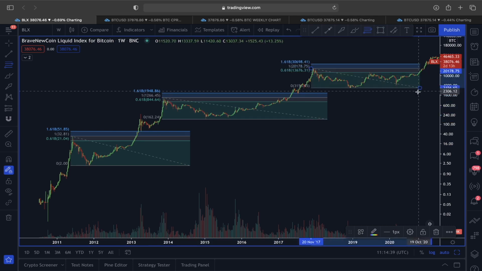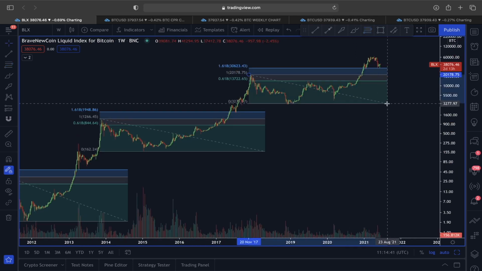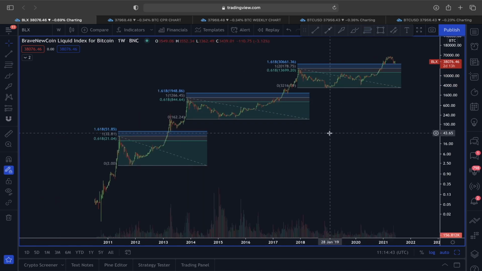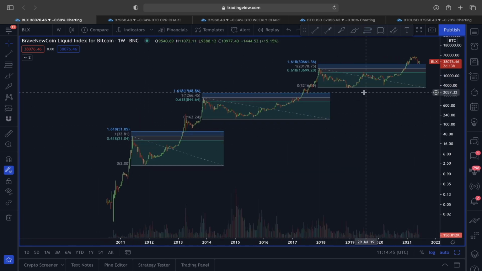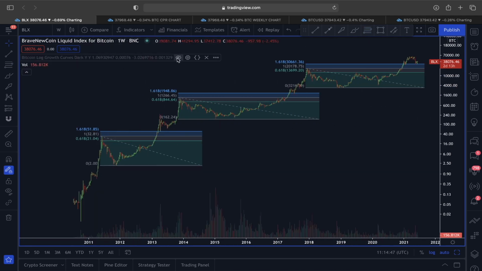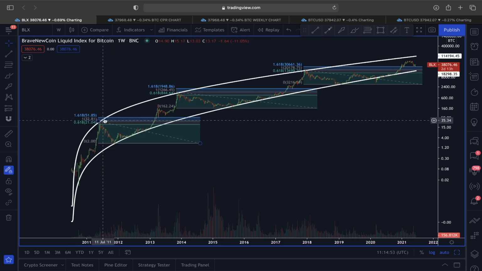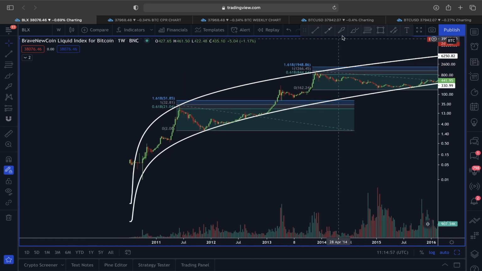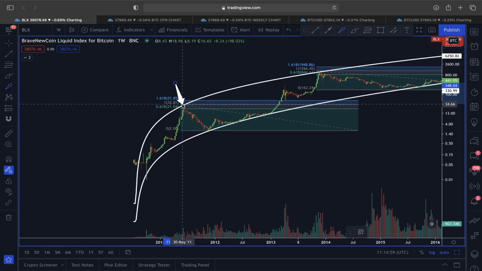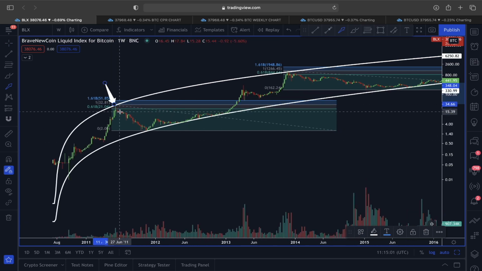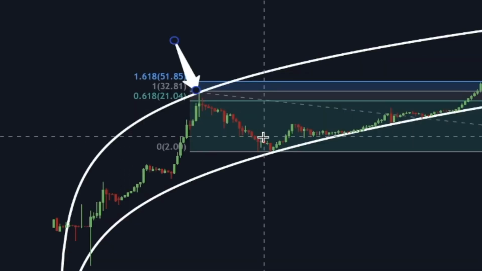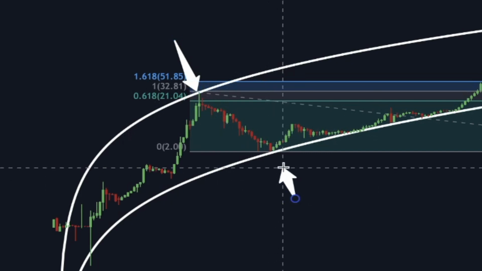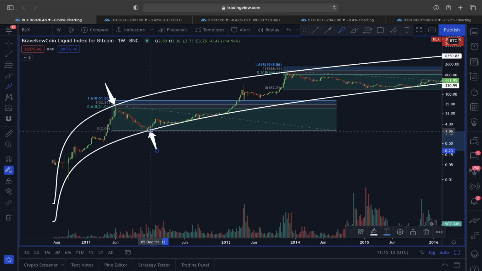I am going to add this Bitcoin logarithmic growth curve along with this price action, because now if I take this Bitcoin logarithmic growth curve, every time the market reached the top of the channel, this Bitcoin logarithmic growth curve also said, hey, this here is the top of the channel, and now this is a sign of a market top, and we could expect an actual trend reversal playing out for Bitcoin. And that brought us all the way here towards the bottom of the channel.